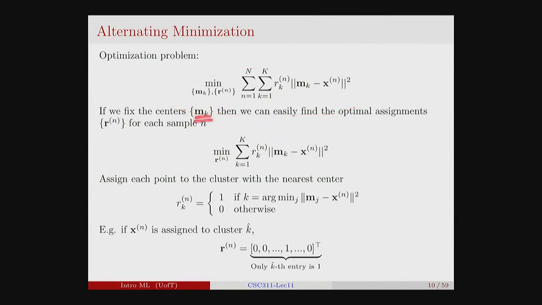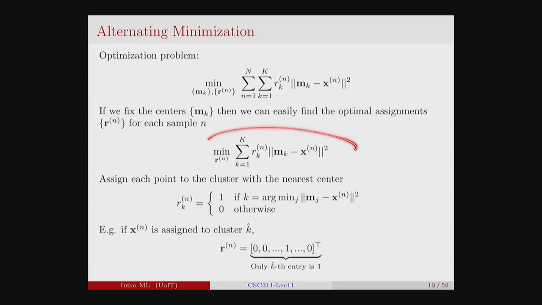We're going to fix the cluster centers m_k. And so if we fix this term with respect to this objective function, this is just a constant. And so we're basically choosing these R_n's, and we can choose them independently for each of the n samples that we have. So we can choose the responsibility vectors R_n for each of the rows of that responsibility matrix independently.